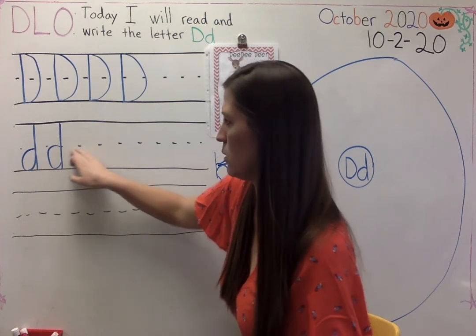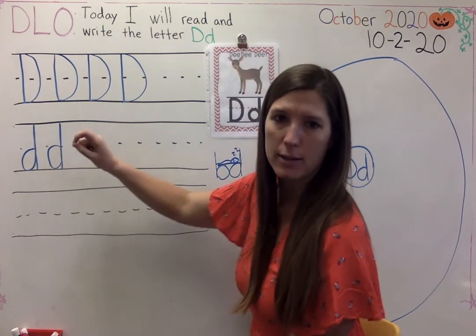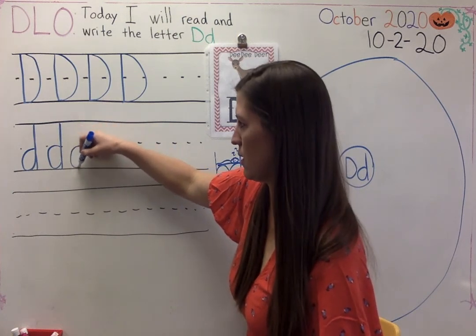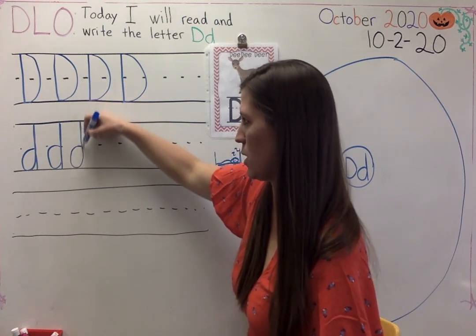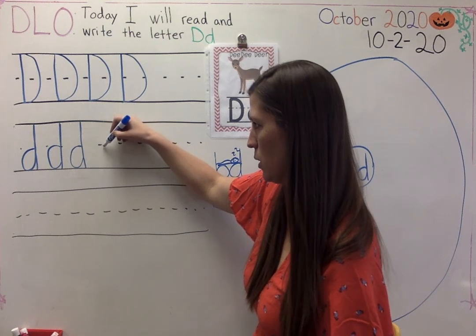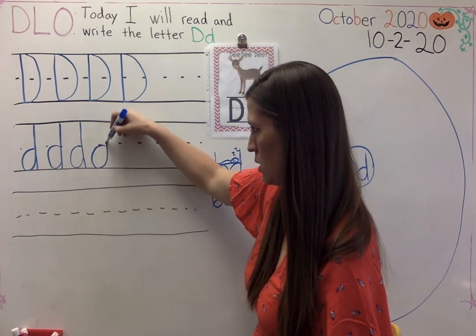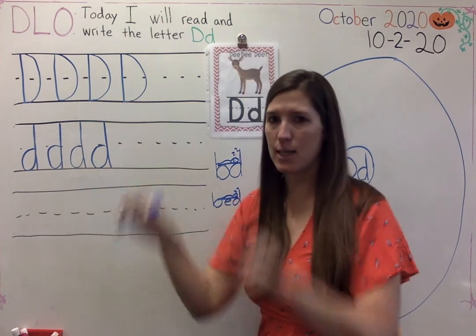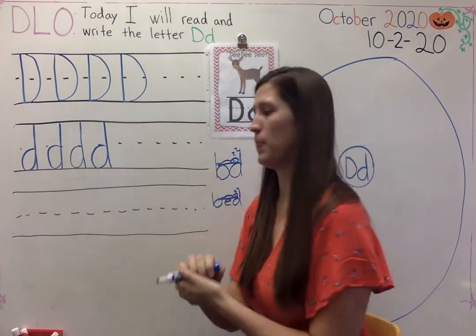Sometimes it can be a little tricky writing sideways. Left around the dinosaur, up from head to toe. D. One more. Left around the dinosaur, up from head to toe. D. D says D, D, D.